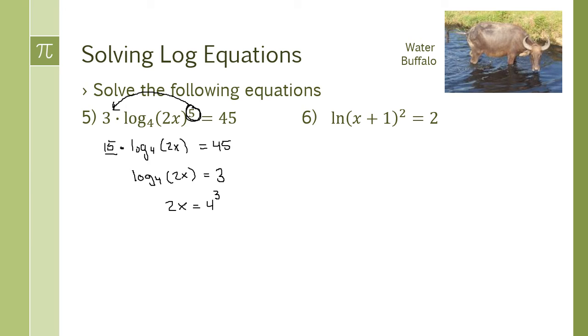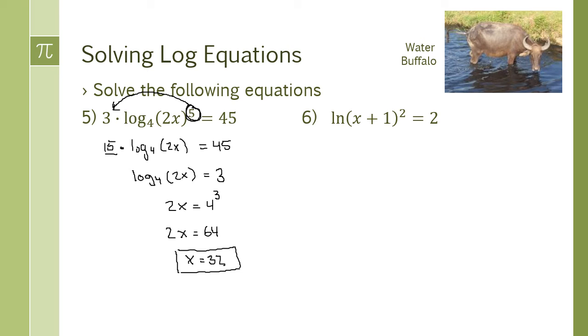So that will give us 2x equal to 64. Divide both sides by 2 and we'll get x equals 32. And if you plug that back in, you'll end up with the log of 64, which is a positive number. So that is a real solution.